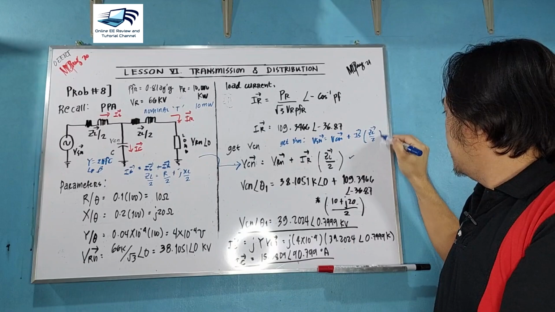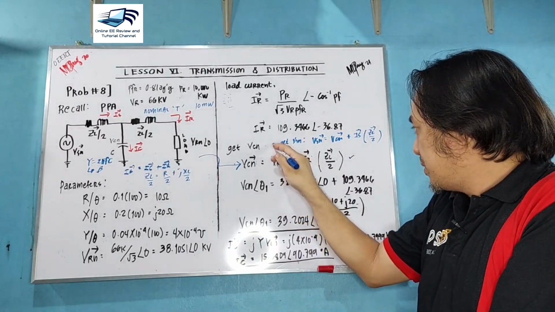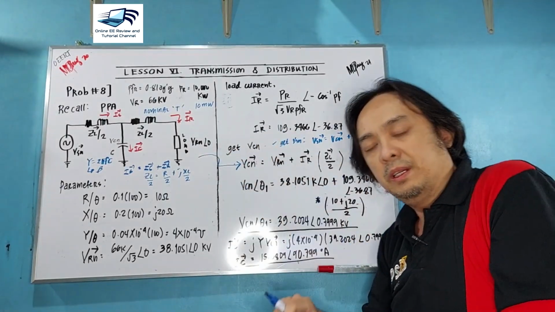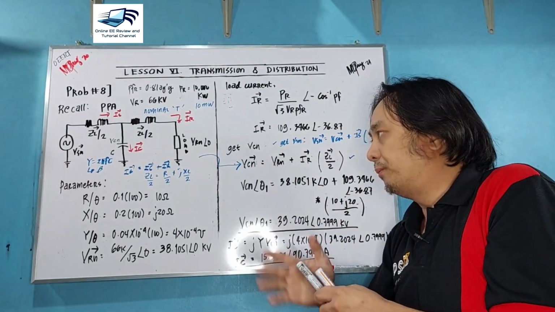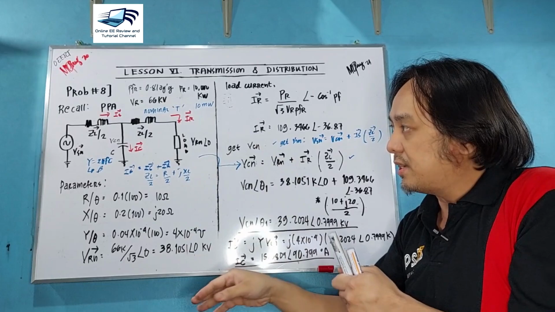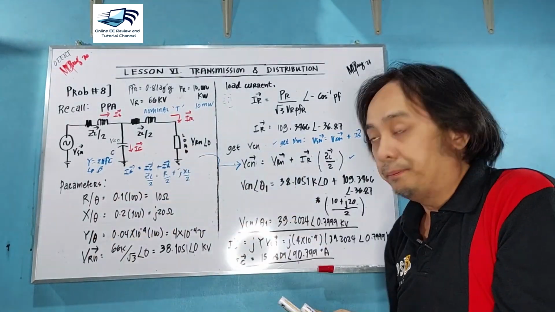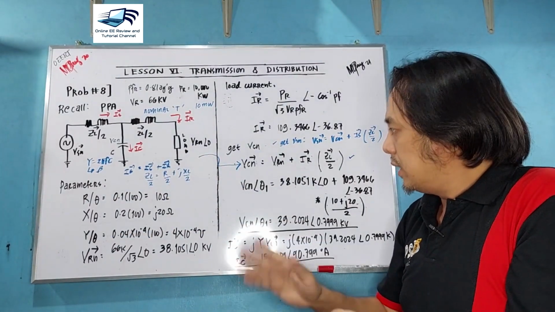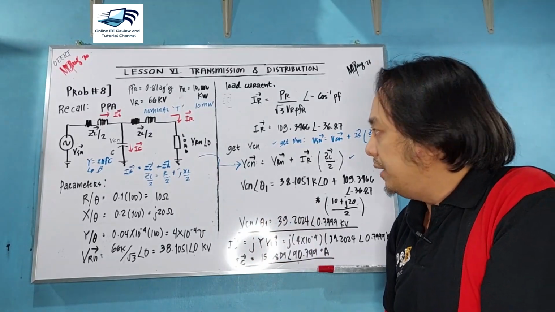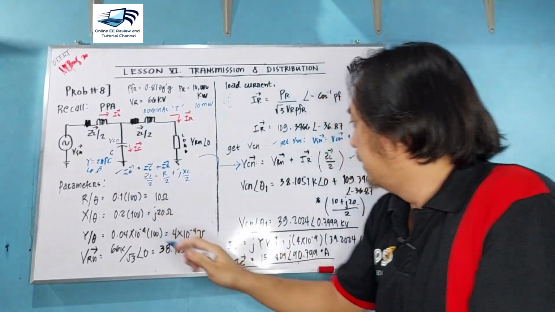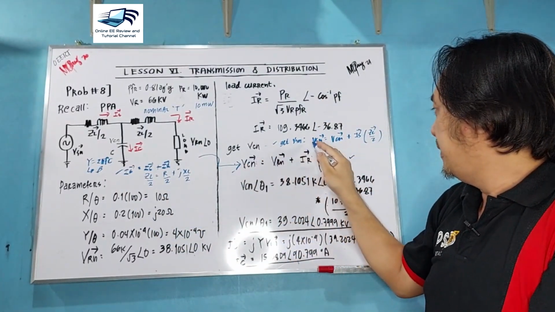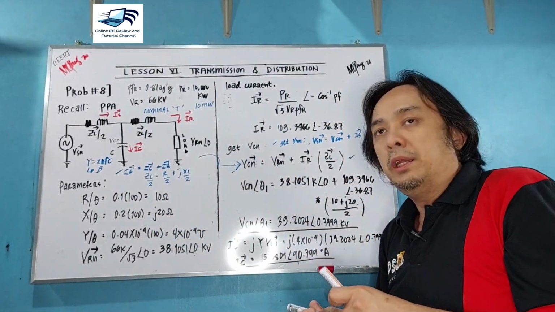We'll make use of this one on the next slide. So in this case, we just get first IC so that we can get IS. After you get your IS, you can now get your VSN. So those are the main equations here, as you can see. Your IS equals IC plus IR, your VCN, and your VSN respectively. Okay, let us move on.